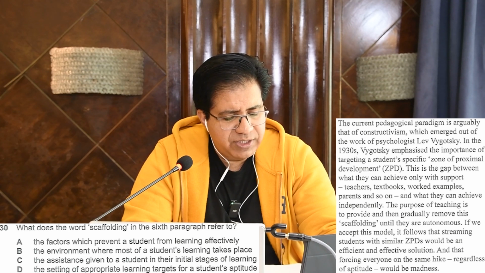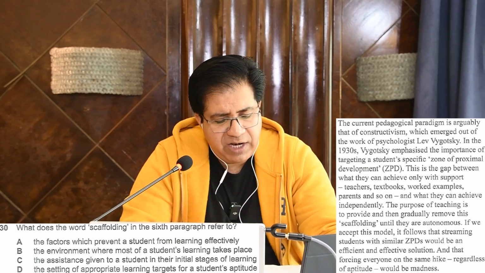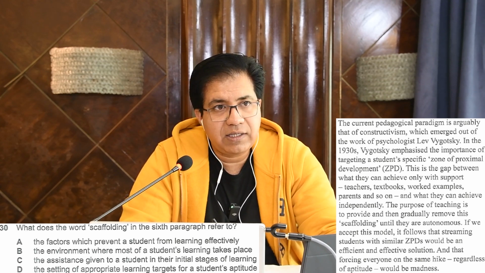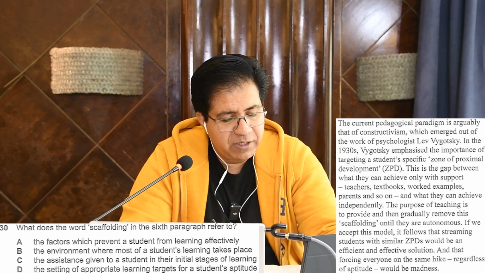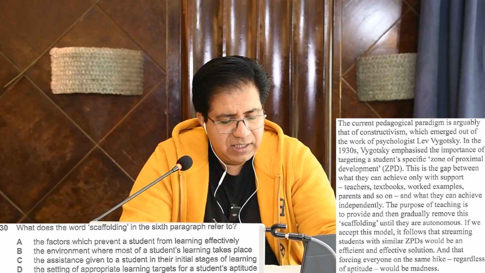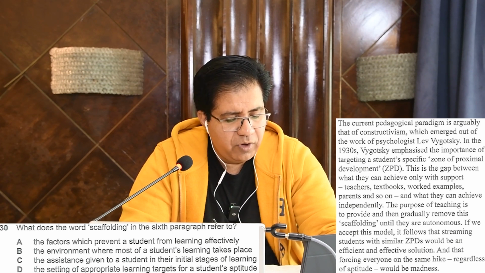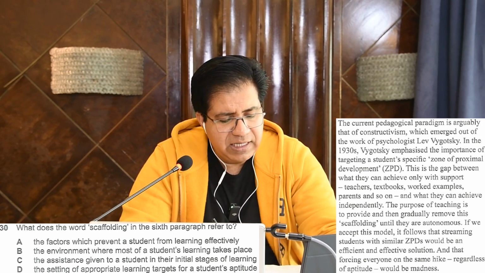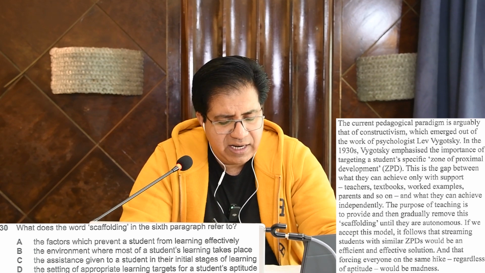Option A, factors which prevent a student from learning effectively. Option B, environment where most of the students' learning takes place. No. Option C, assistance given to a student in their initial stage of learning.